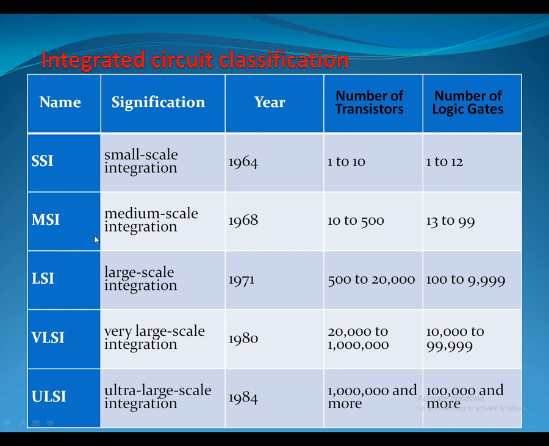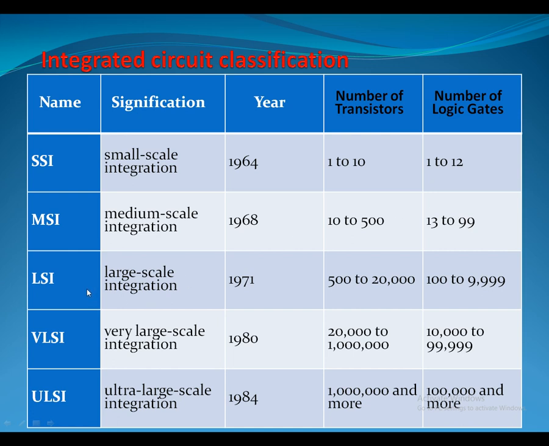But when MSI, medium scale integration technology, comes in 1968, it increased to 10 to 500 transistors and 13 to 99 logic gates can be involved within a single microchip of a semiconductor device.